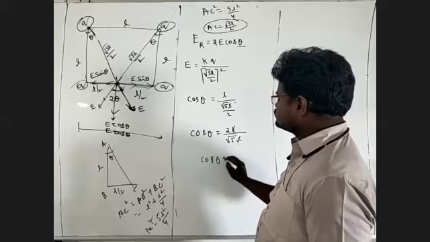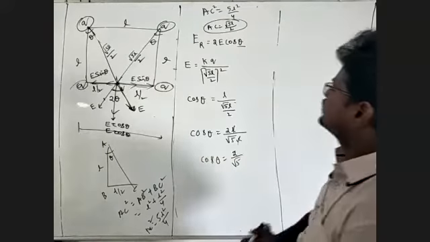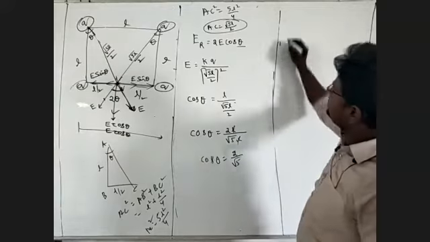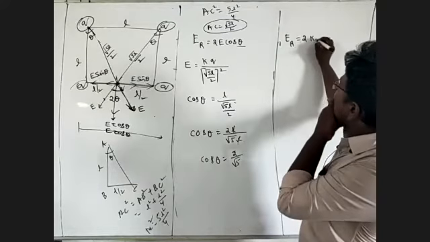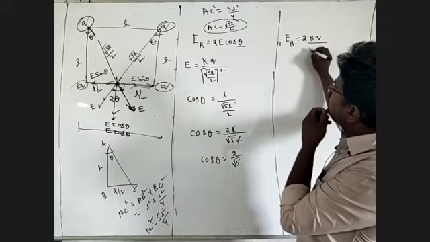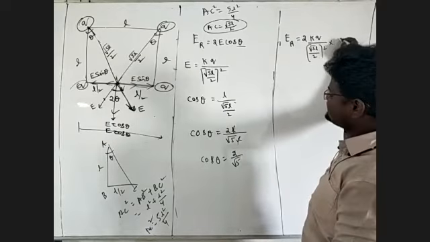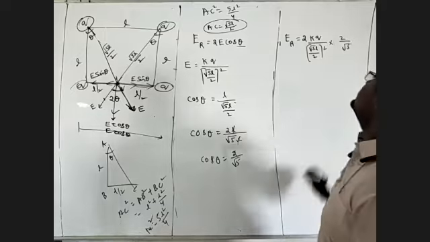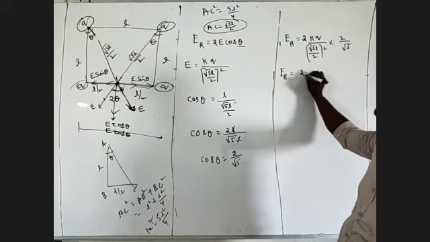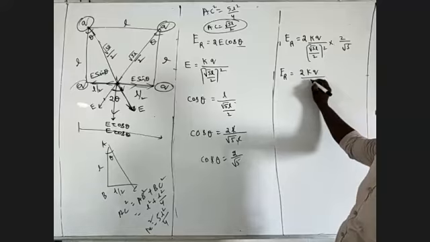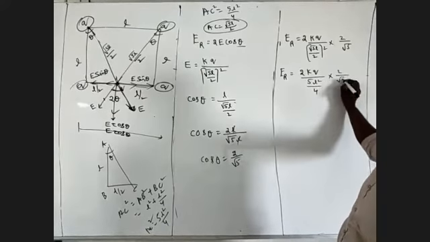Cos theta is equal to 2 by root 5. Okay. Now the resultant E_R is equal to E, which means KQ by (root 5 L by 2) whole square, into cos theta, which means 2 by root 5. E_R is equal to 2KQ by 5L square by 4, into 2 by root 5.